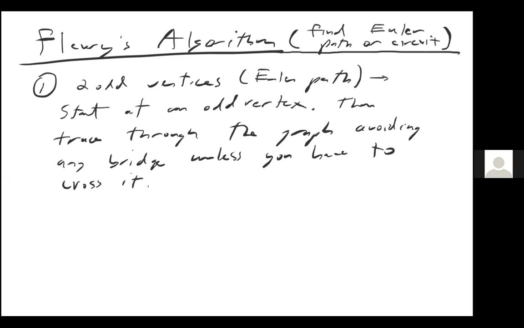Okay, so if you have two odd vertices and you're doing an Euler path, you start at an odd vertex, then trace through the graph, avoiding any bridge unless you have to cross it.